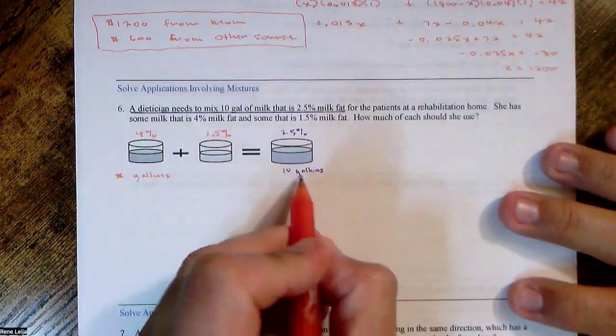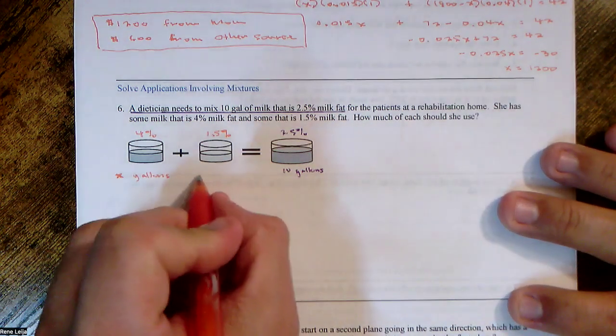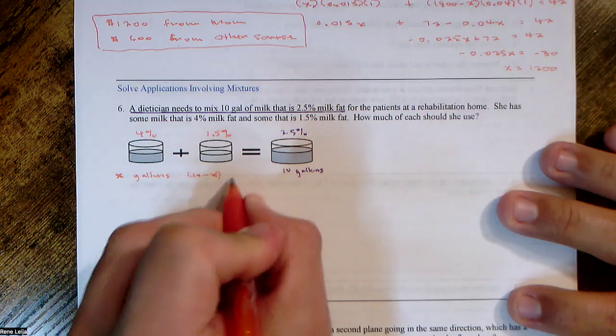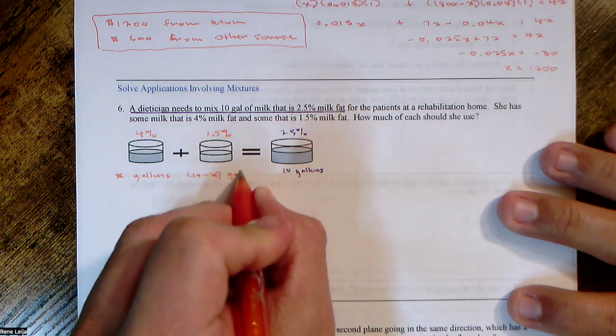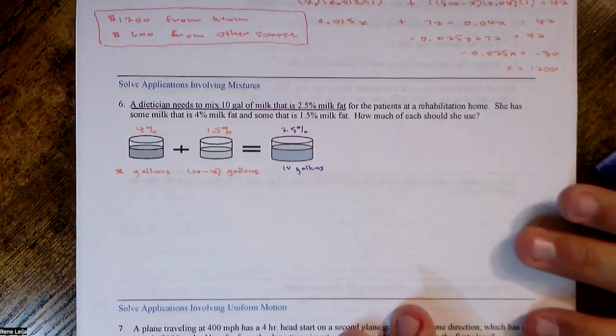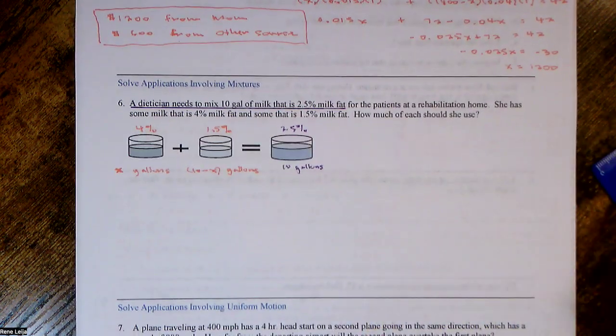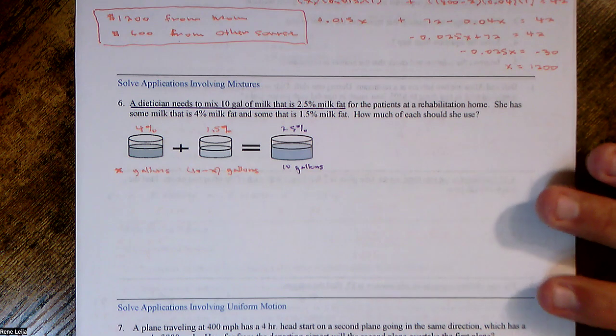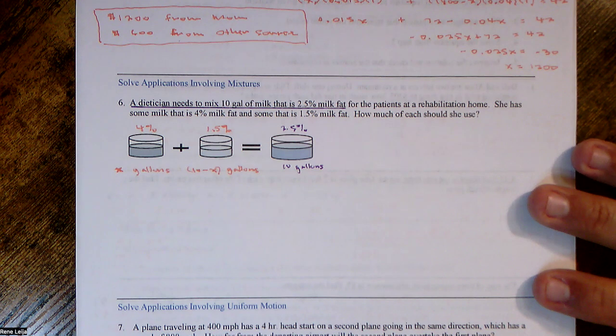Well, that means I'm going to subtract it from the 10. So this is going to be 10 minus X gallons. Okay. Now, you might be thinking, okay, well, fine. So far, I don't see how I'm supposed to come up with an equation. All right. So let me point something out.